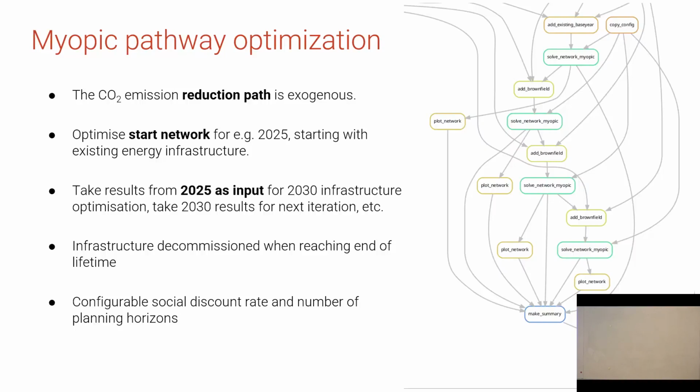This is creating the existing capacities in 2025, then the network is solved, then you add the capacity from previous time steps, and you keep solving the network for every planning horizon, but inheriting the capacities that were optimized in previous time steps. So this is something that you cannot parallelize, because you need to run it in series.